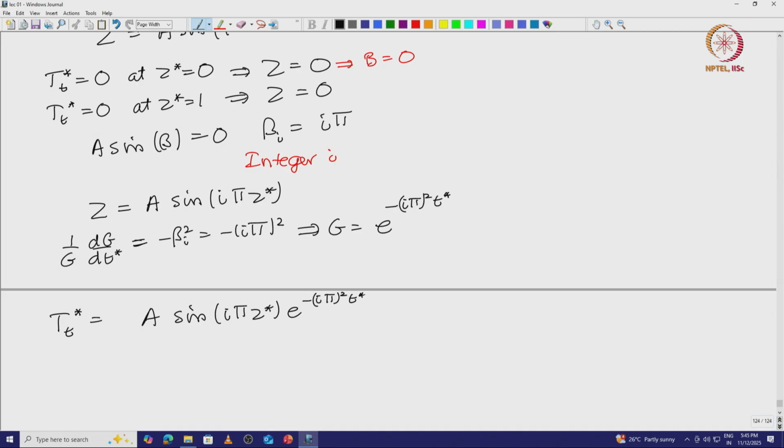This solution satisfies the governing differential equation and the boundary conditions for any value of I. Therefore, the most general solution that satisfies the governing equation and the boundary conditions is the summation of this over I equal to 0 to infinity, of A I times this.